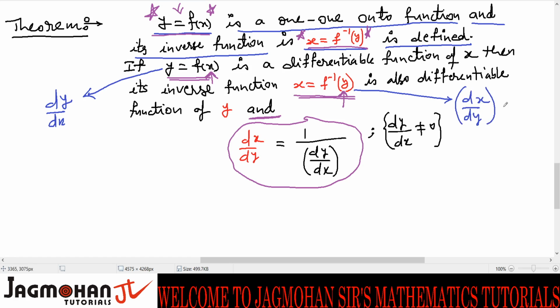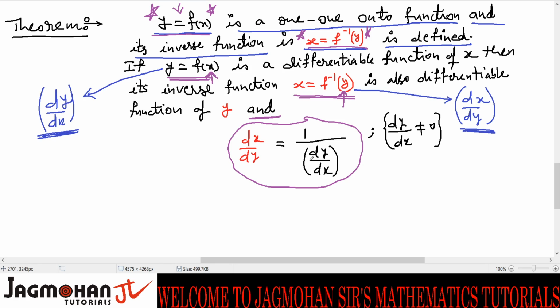Now please look at these two. Here you are getting d by dy of x, and here you are getting d by dx of y. And there is a relation between these two. What is that relation? These two are reciprocal of each other. See, dx by dy is 1 upon dy by dx.